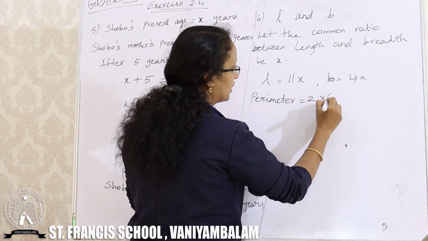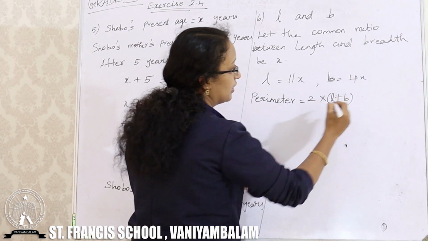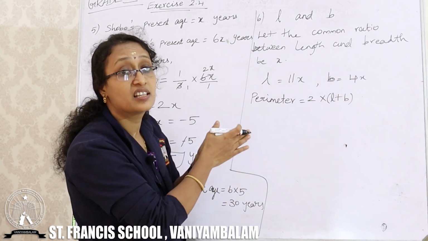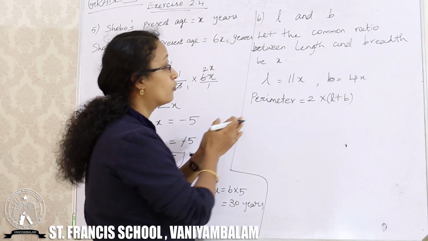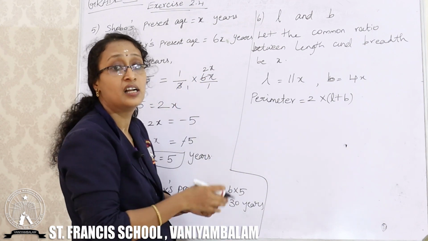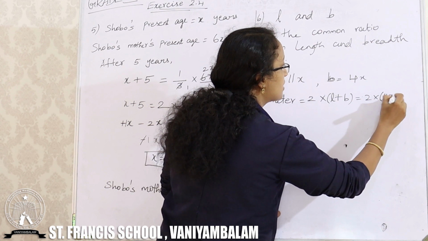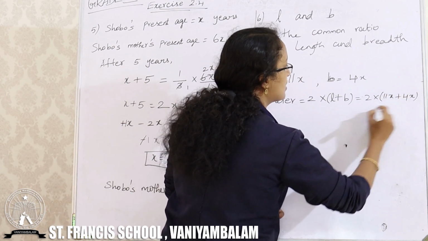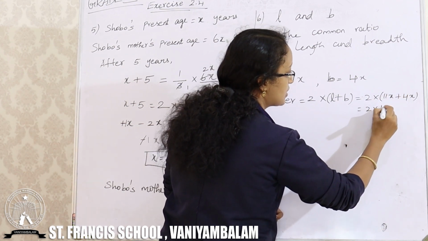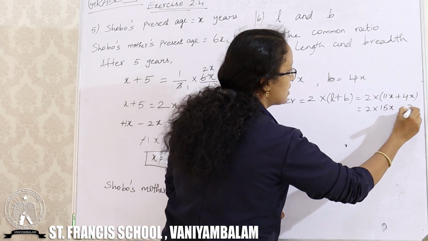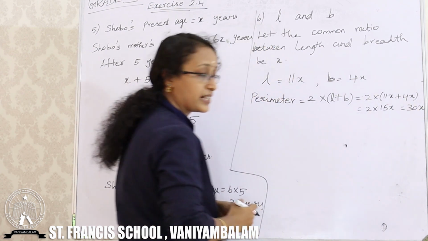The plot is in the shape of a rectangle. So what is the perimeter of a rectangle? 2 into (L plus B). So 2 into (11x plus 4x), which is 11x plus 4x is 15x, which is nothing but 30x.